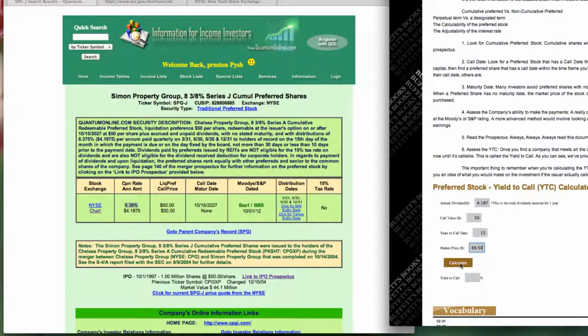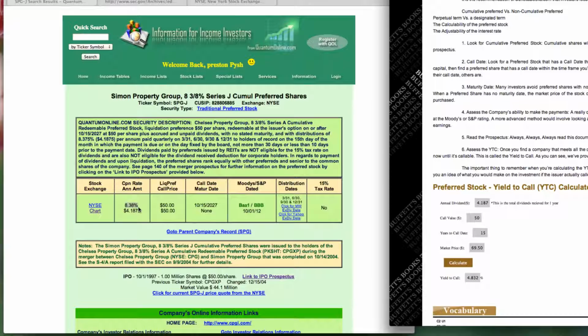So as soon as we hit calculate, we see that the yield to call is 4.832%. Okay, so that's a significant difference. So the person that would go and say, wow, this preferred share is a cumulative preferred, which is good. That's what I'm looking for. The Moody's and S&P rating is within my tolerance. I like that.